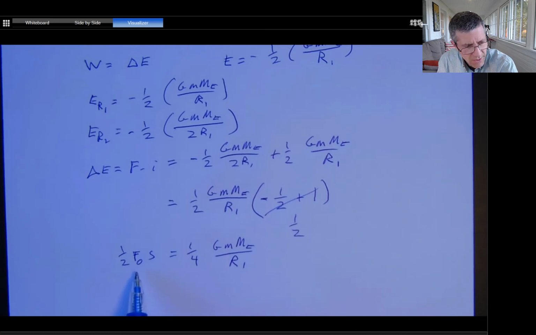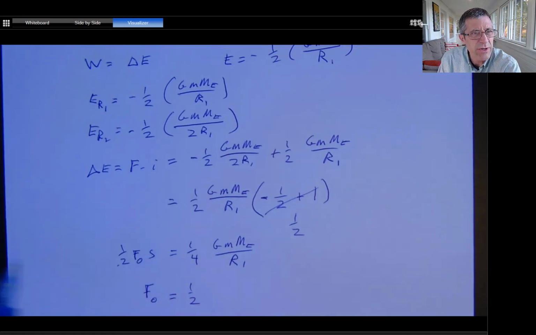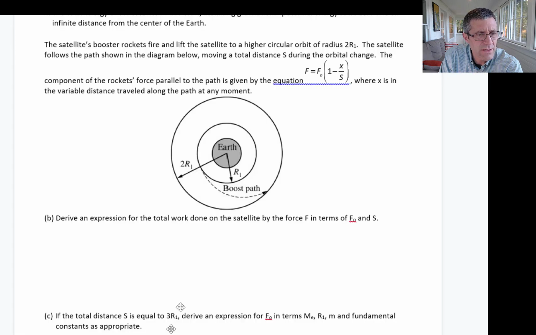So I want to get to my F naught. S is equal to 3R1.